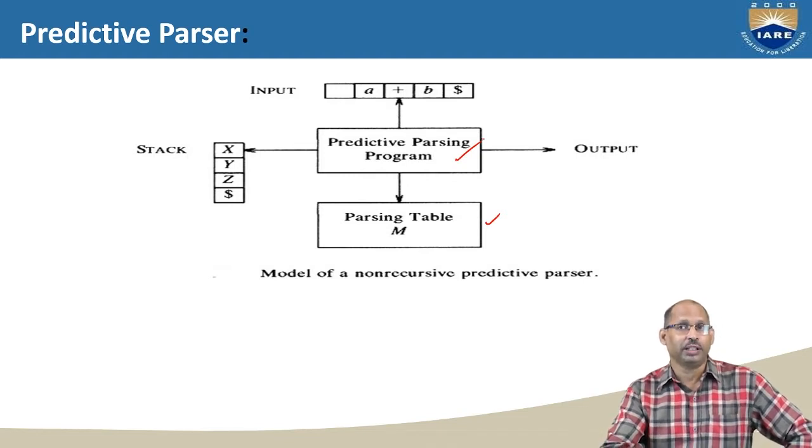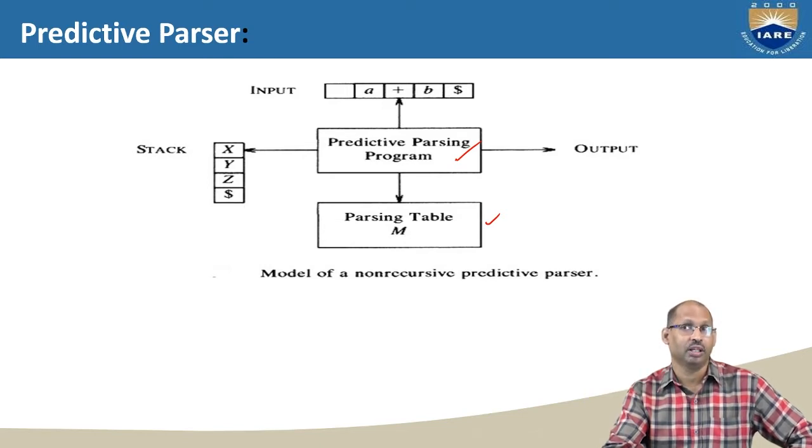This predictive parsing program uses a stack, and it will store the non-terminals in the stack. It will refer to the input terminal symbols on the tape, and it will refer to the top of the stack non-terminal, and using them it will refer to the parsing table.